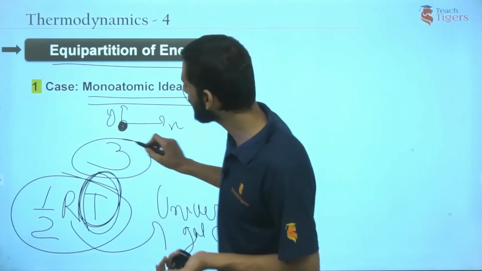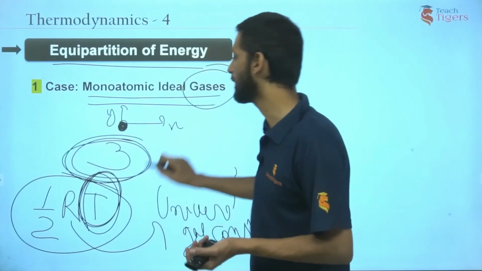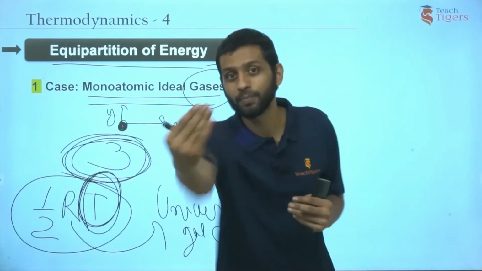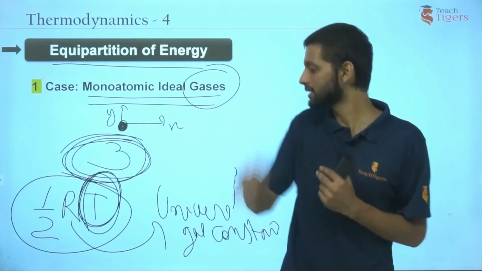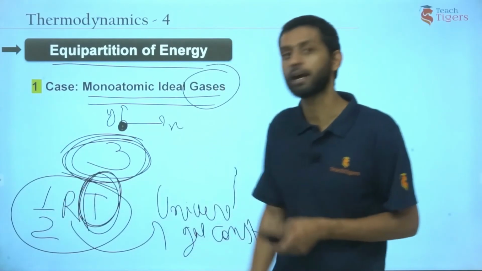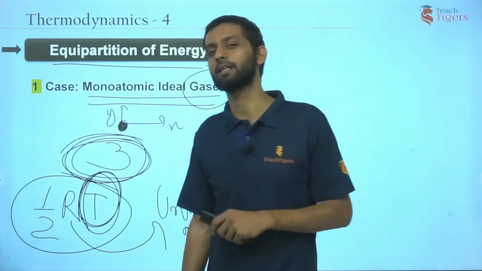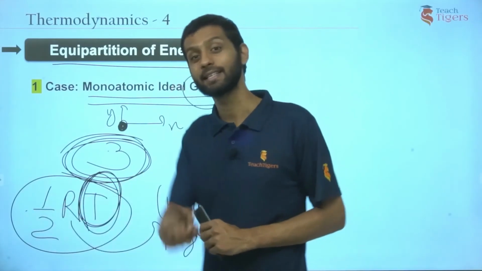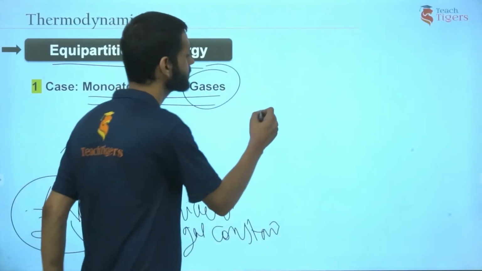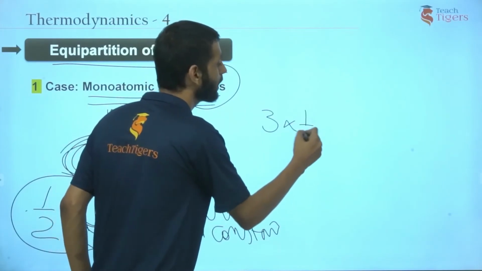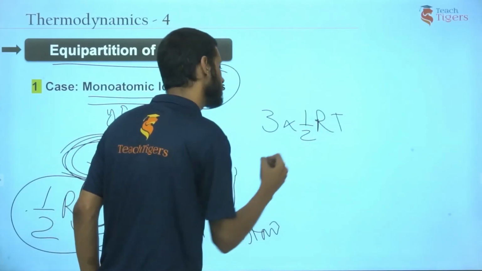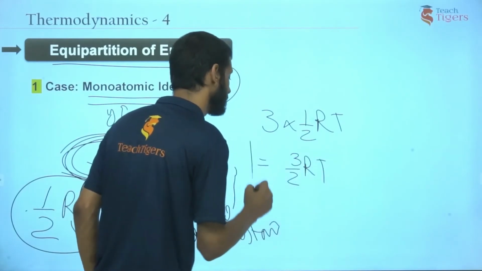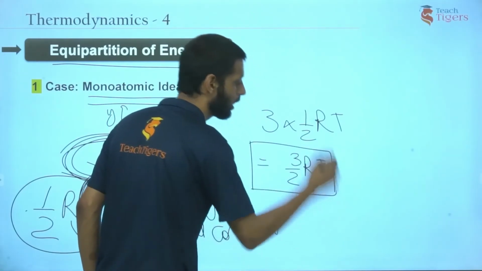So if in each of these three different ways, 1 by 2 RT is shared, what is the total energy? Total energy is 3 times 1 by 2 RT, which is equal to 3 by 2 RT.